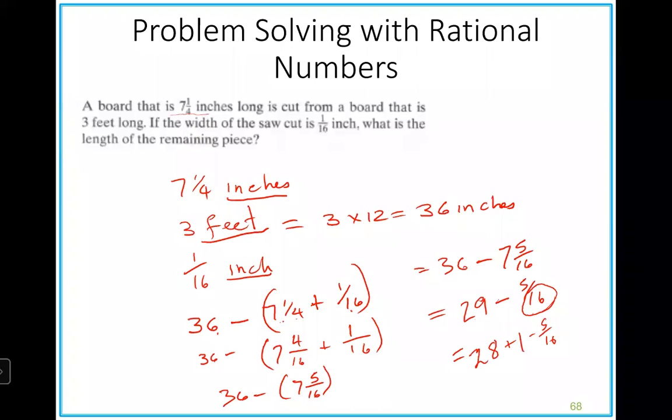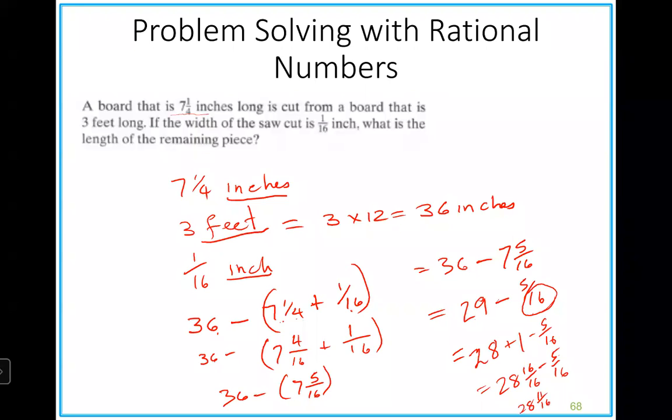That 1 becomes 16 over 16 minus 5 over 16. And if I take 5 from 16, I will be left with 11. So that would be 28 and 11 over 16. Okay.